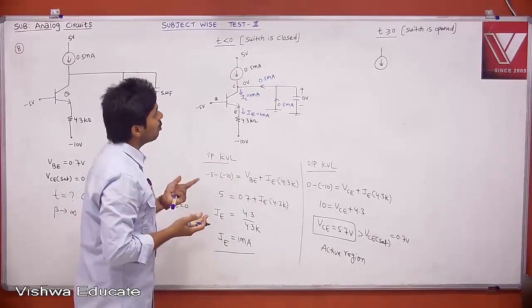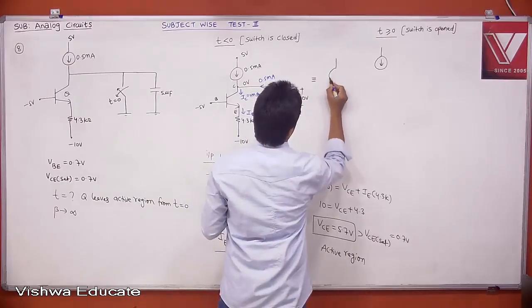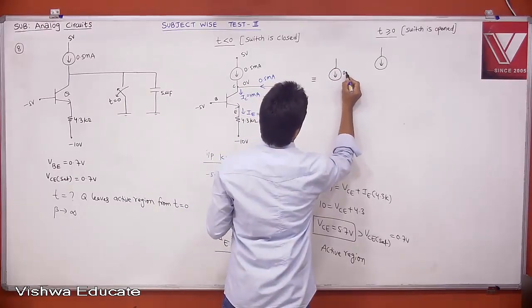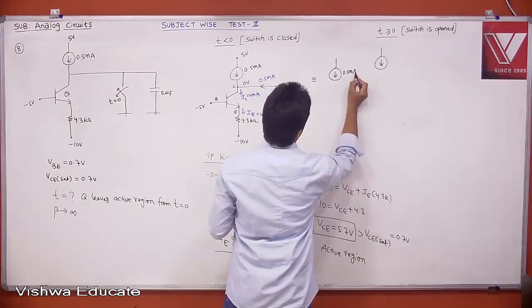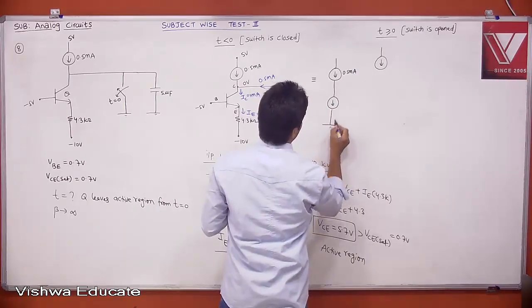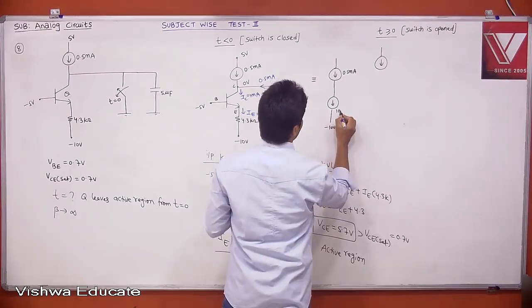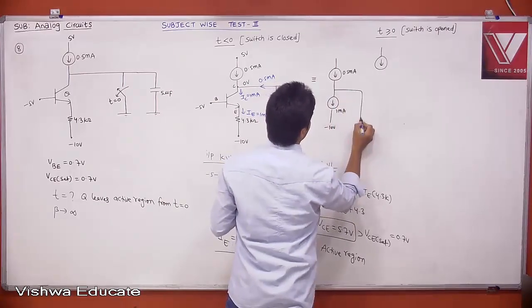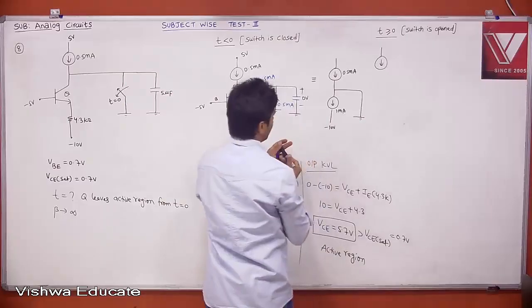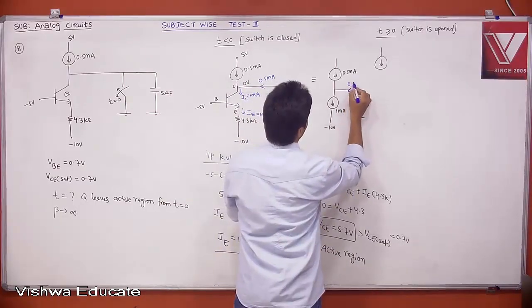Equivalently, this is nothing but a current source of 0.5 milliampere, and now your BJT is also a current controlled current source that is taking 1 milliampere, but it is connected to a ground. Therefore, to satisfy KCL, this is 0.5 and then an extra 0.5 is coming from this.